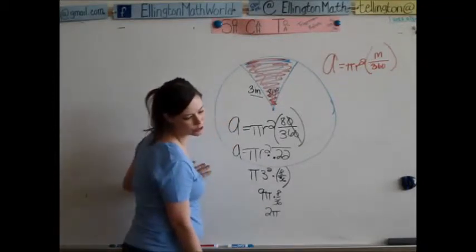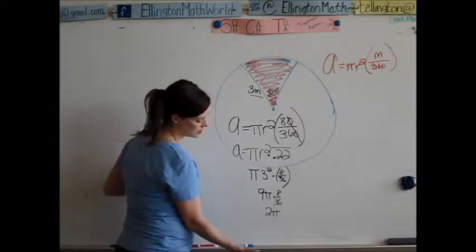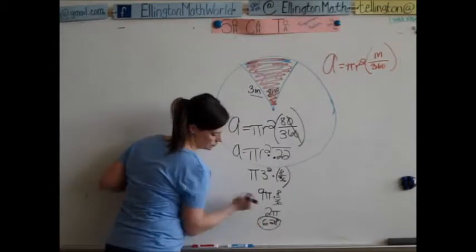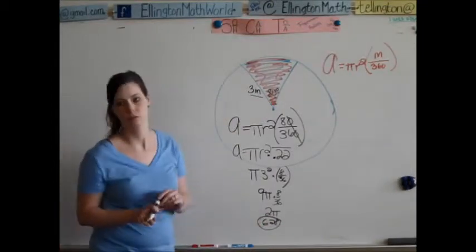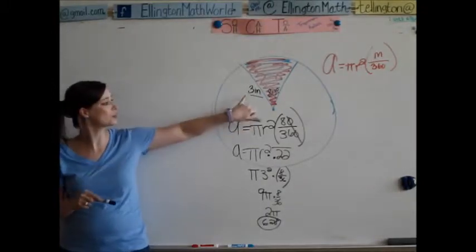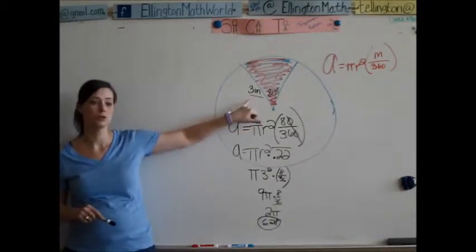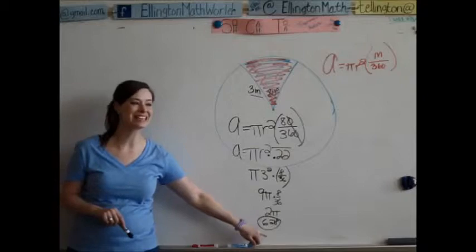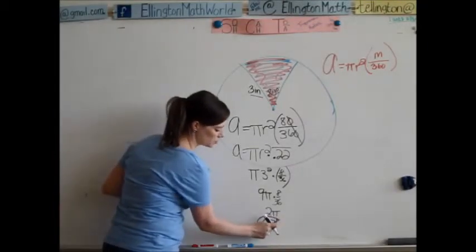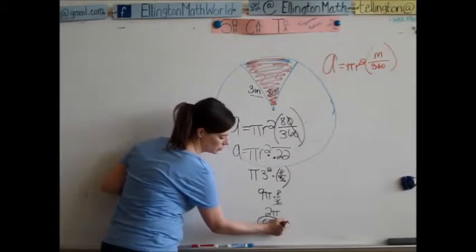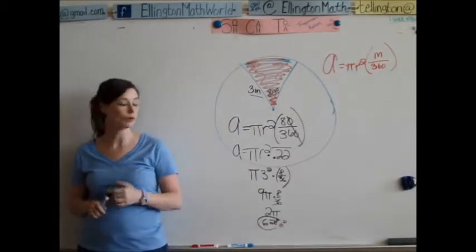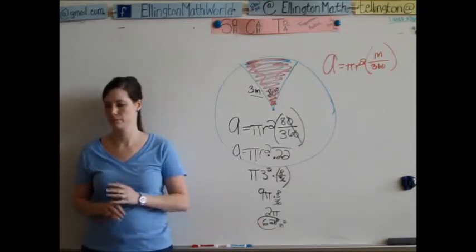You get 2 pi, which comes out to 6.28. My radius was originally in inches, so the units would be 6.28 inches squared. You always want to make sure you're putting units on there so that we know we're not talking about cupcakes or butterflies. We know we're talking about inches squared.